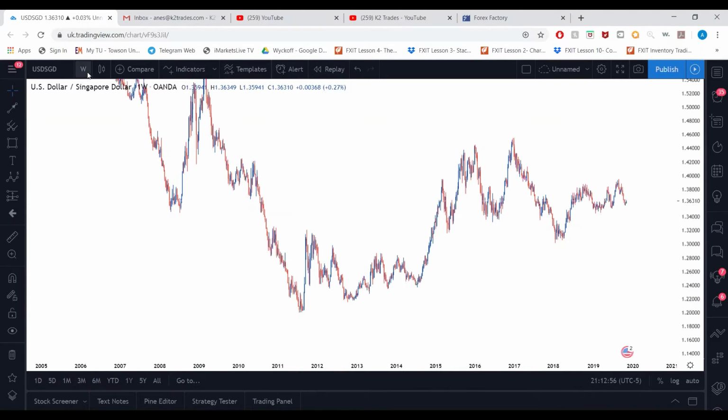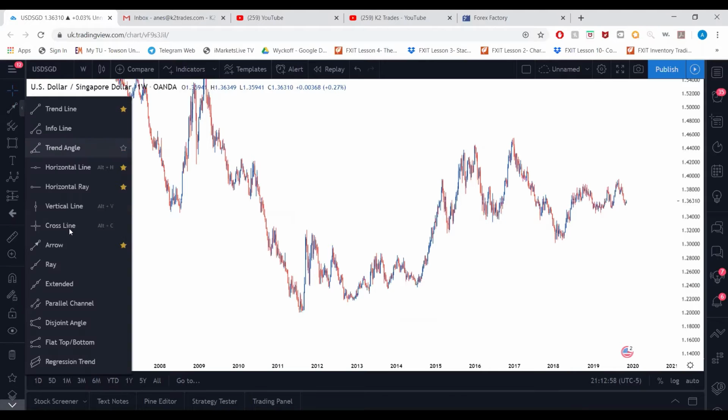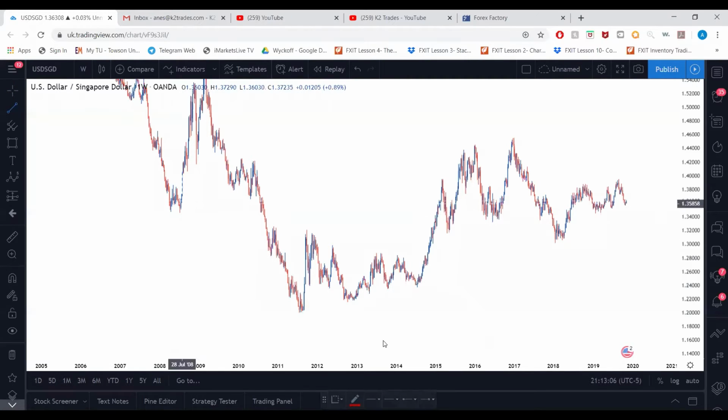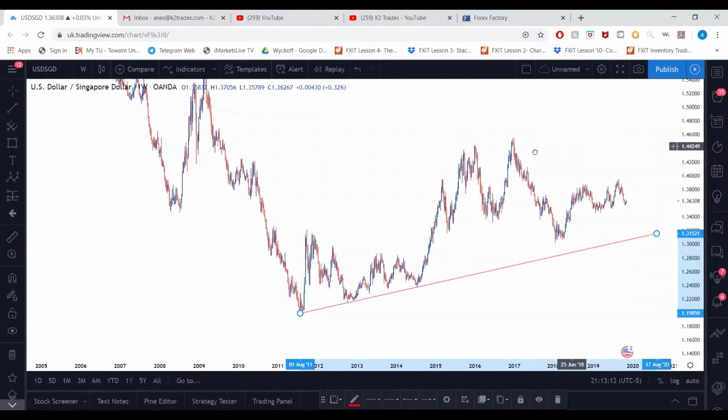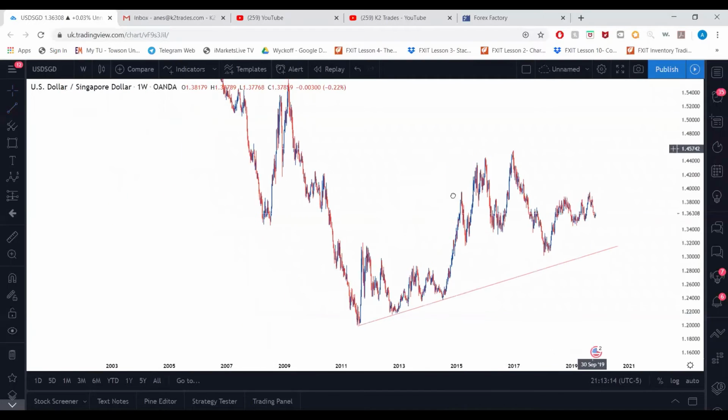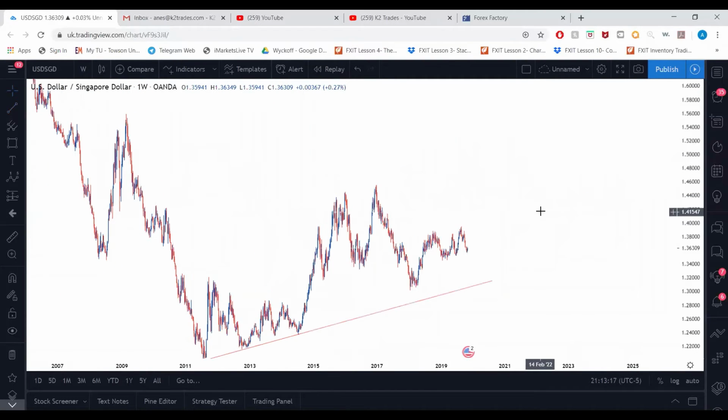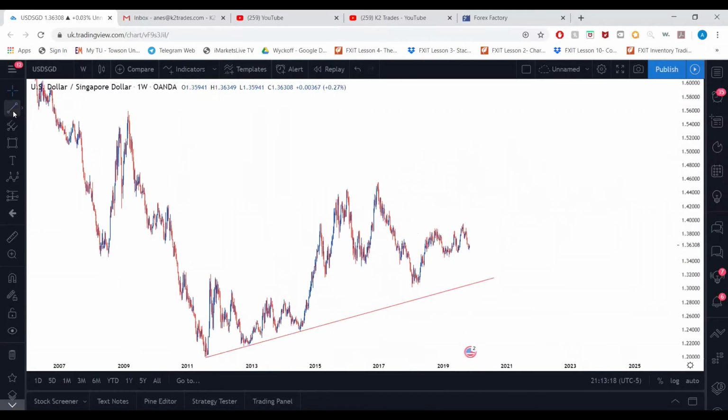But anyway, let's see trend here. Okay, so this trend line goes right there. Okay, so it's a little bit further up. I'm probably going to have to find the daily trend here, because I don't know if I like that.